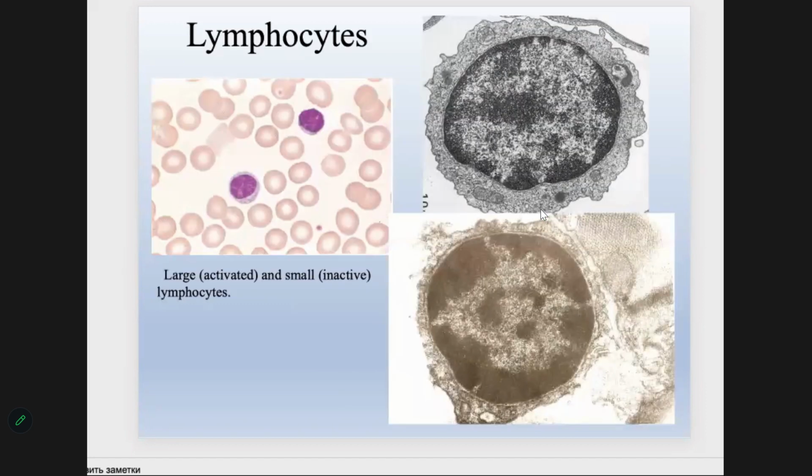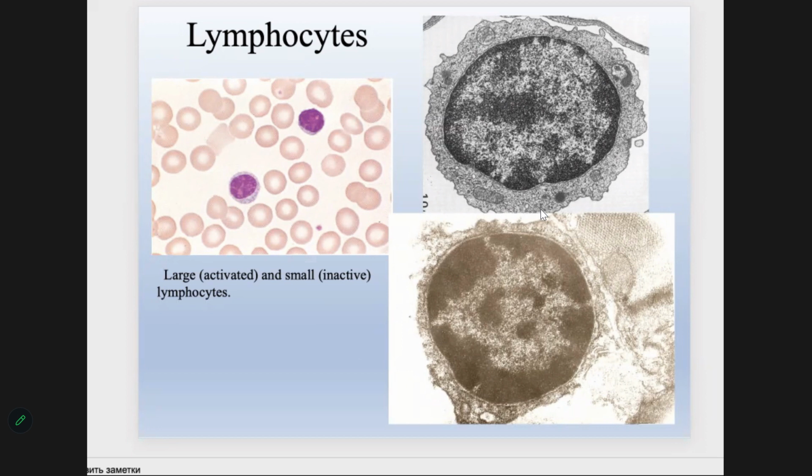So we'll start with the lymphocytes. Look at this. The nucleus of a lymphocyte is spherical, round in shape, and a slim ring of cytoplasm surrounds this nucleus.